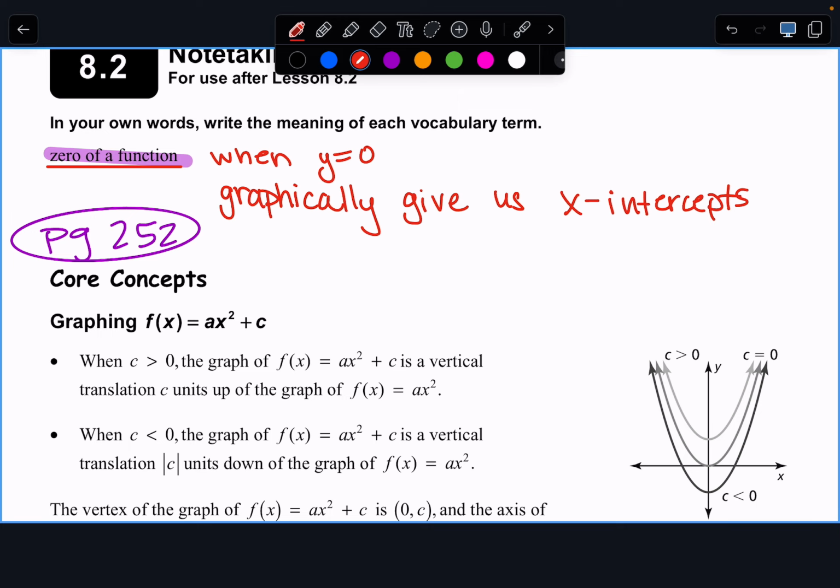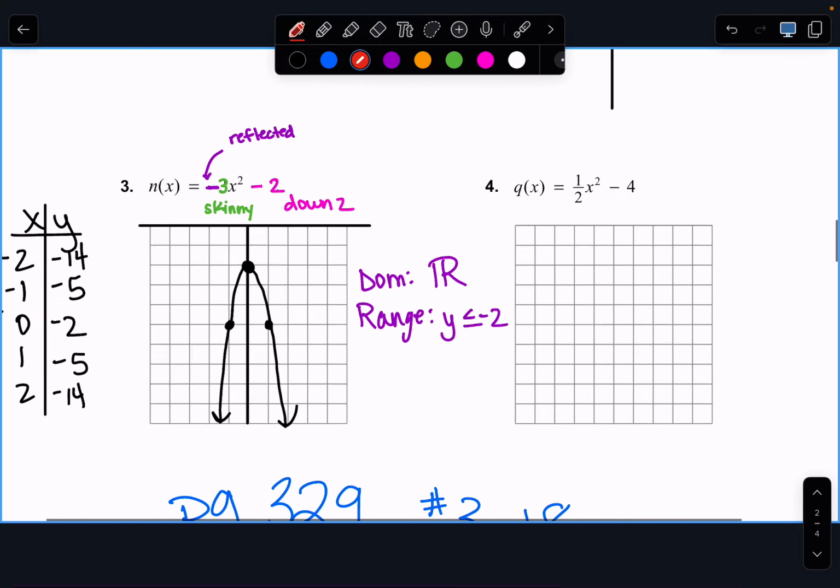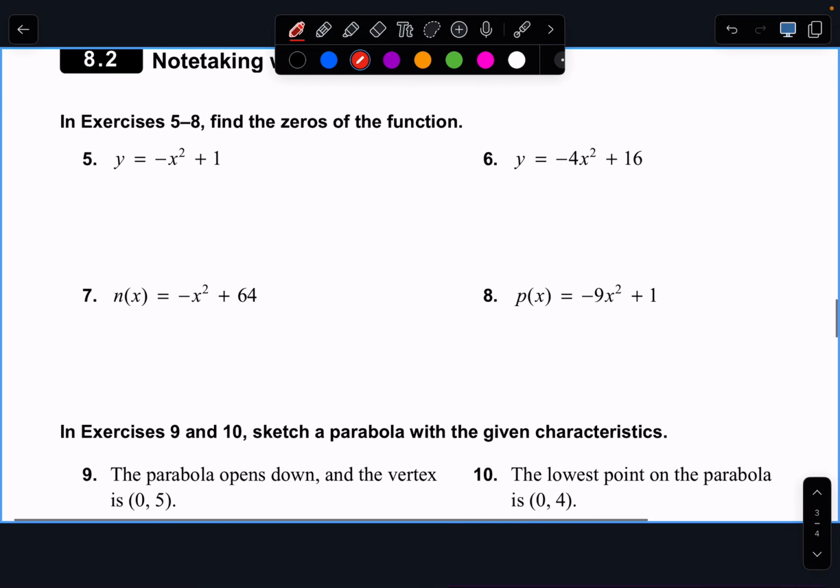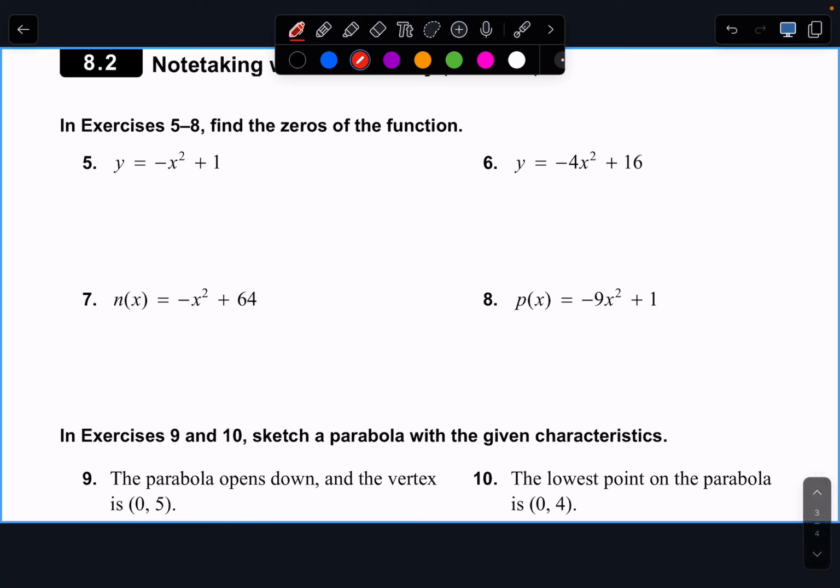Or, in a future chapter, in Algebra 2, this is where your graph hits the x-axis. Okay? So, we are briefly going to discuss, hey, how do we find the zeros of a function?